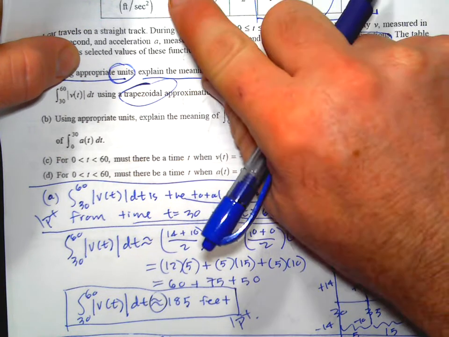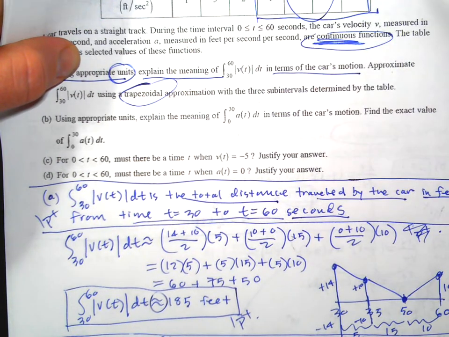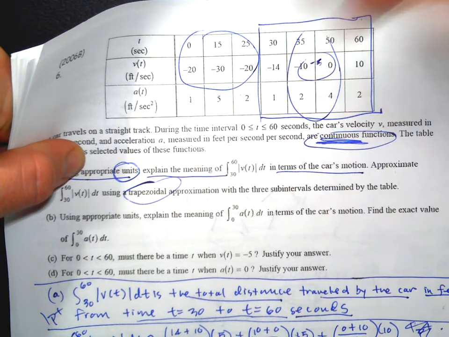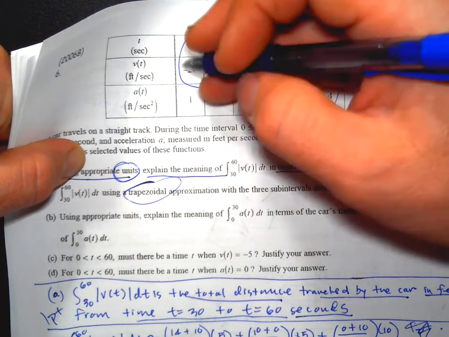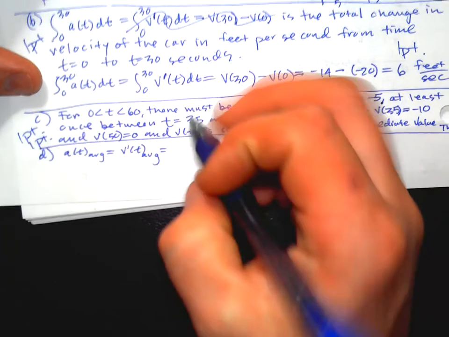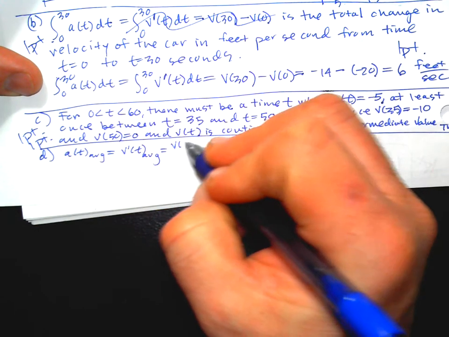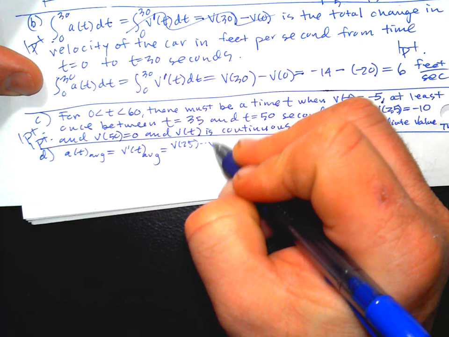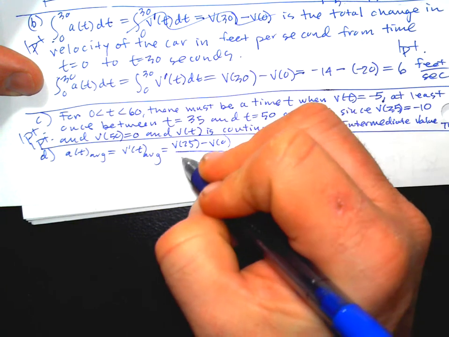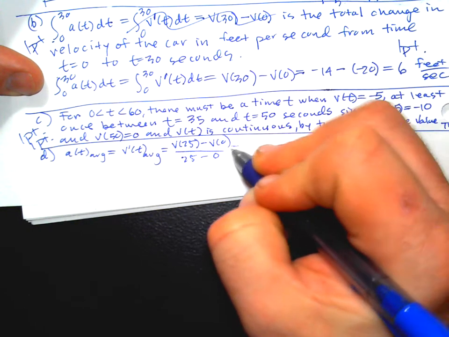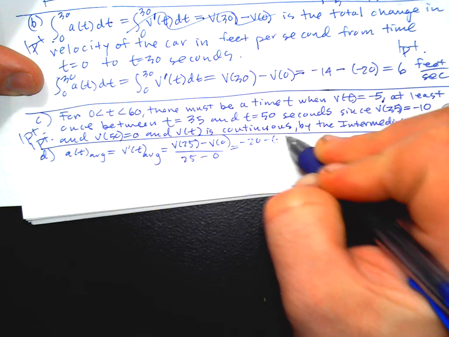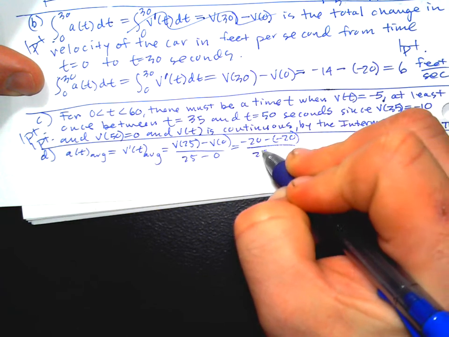Because then the average between them would be 0. So I think we're going to focus on these two right here from time 0 to time 25 because they have the same velocity. So the average, when you do a slope between those points, is going to be flat. It's going to be 0. So we're going to say v prime average from v25 to v0. And that gives you negative 20 minus negative 20 over 25 minus 0.